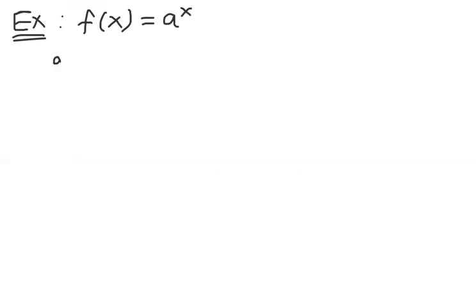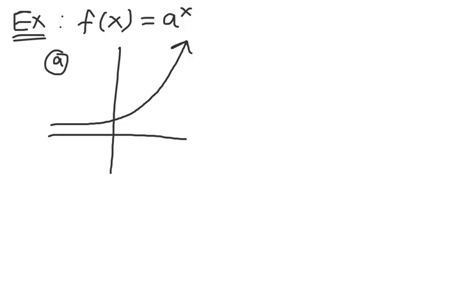And the graph looks like this. I know all the exponential functions pass through the point 0, 1. But this function also passes through the point (2, 25).